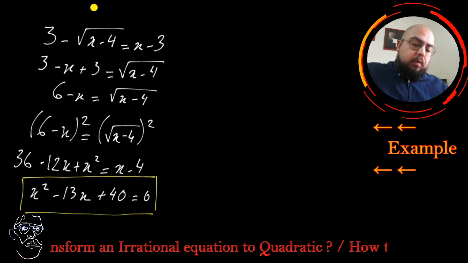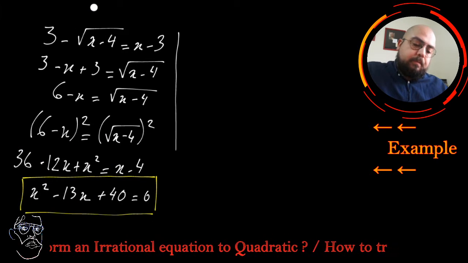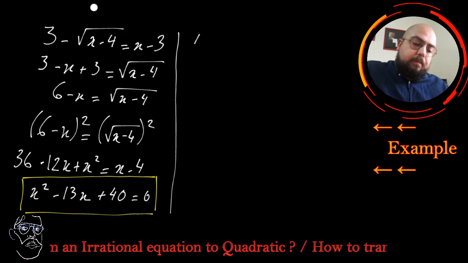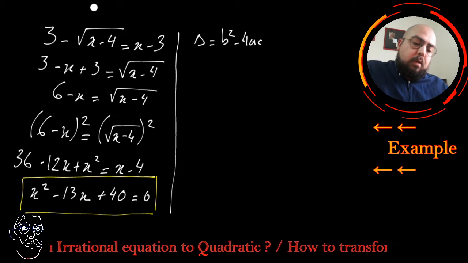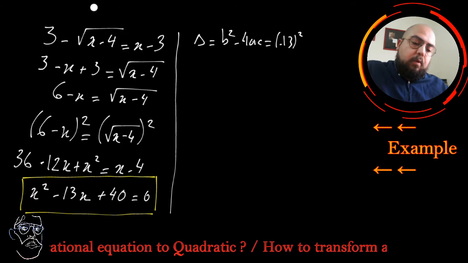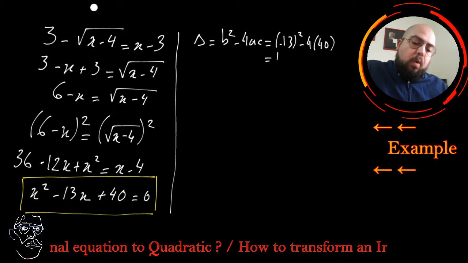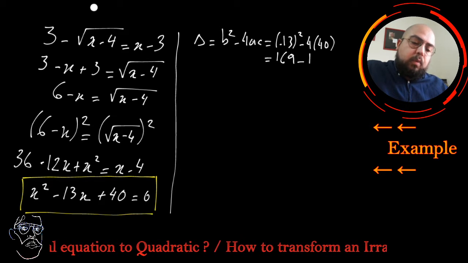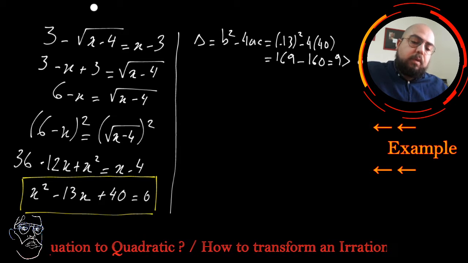Very simple. I'm going to use the discriminant, which is of course delta. Delta is equal to b squared minus 4ac. It's equal to minus 13 to the power of 2 minus 4 times 40, so it's equal to 169 minus 160, so it's 9, which is of course positive.